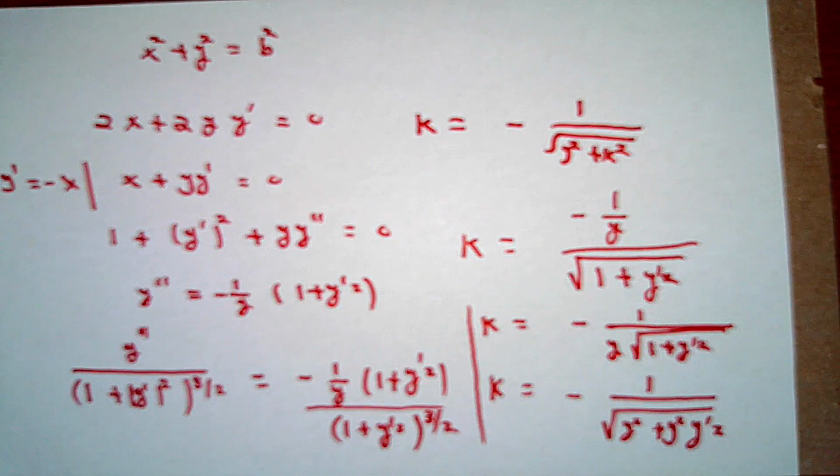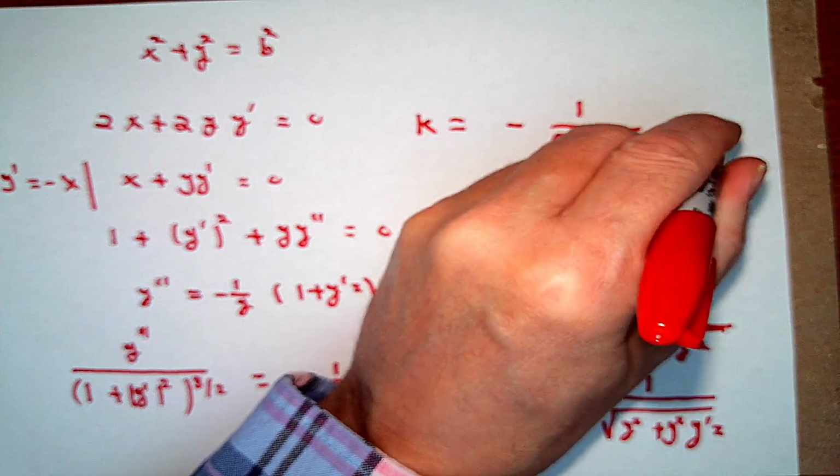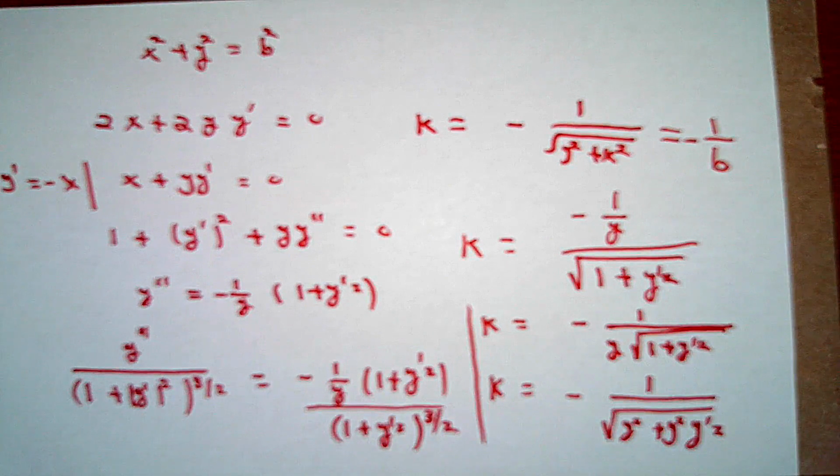The square root of b squared will just be b then. If I am looking at the top half of the circle, the rate at which the angle changes with respect to arc length is negative, and it is, in fact, the negative of 1 over the radius.